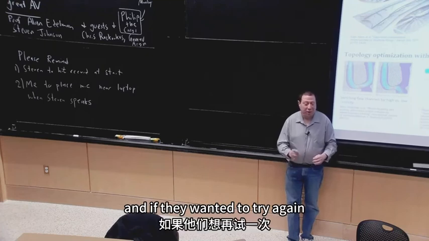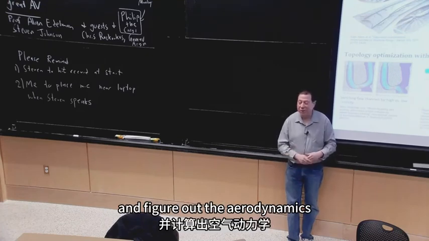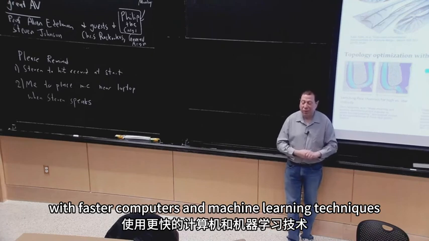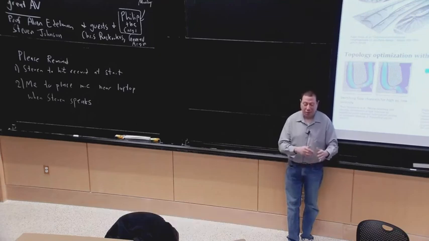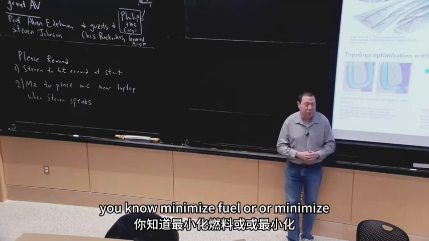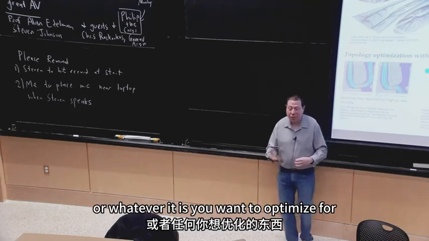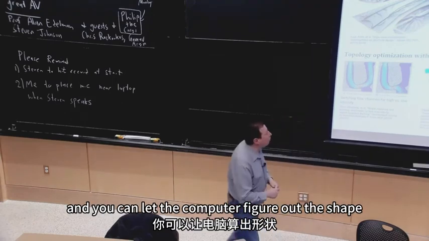If they wanted to try again, they would take another design and figure out the aerodynamics. But now, with faster computers and machine learning techniques, you can optimize for whatever you want, minimize fuel or minimize metal that you use, and you can let the computer figure out the shape.